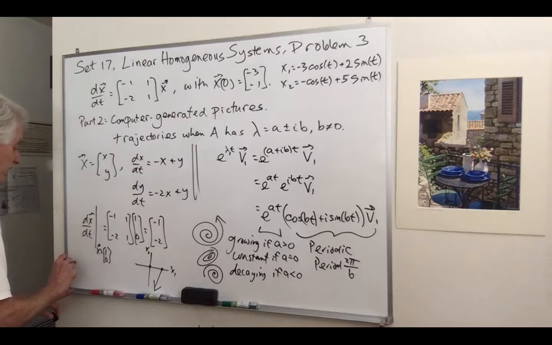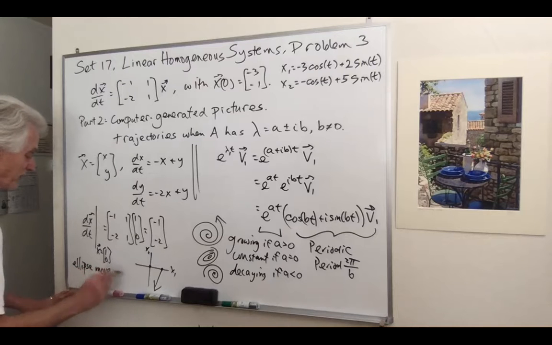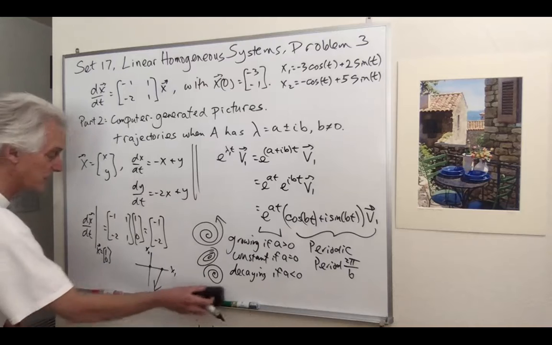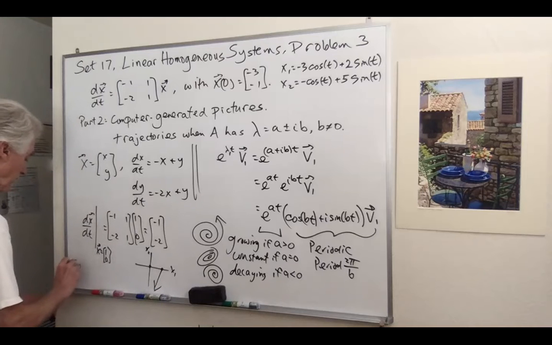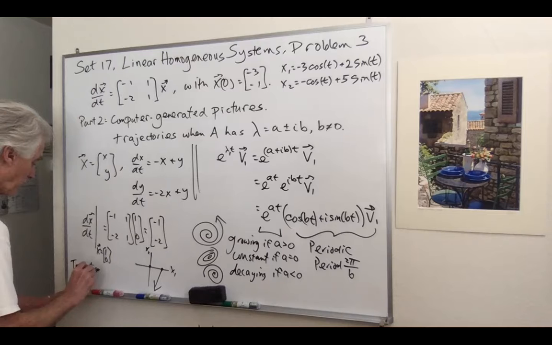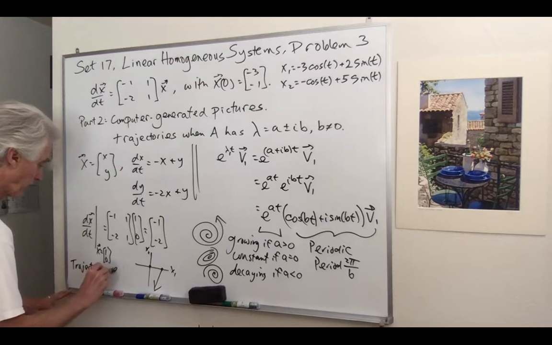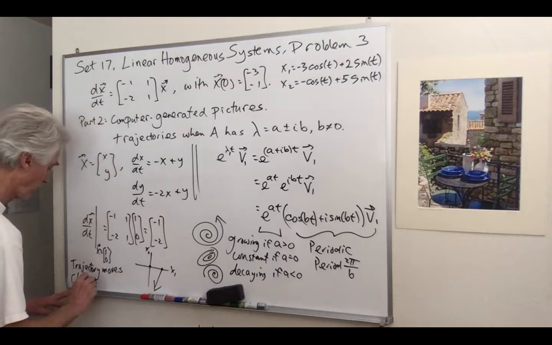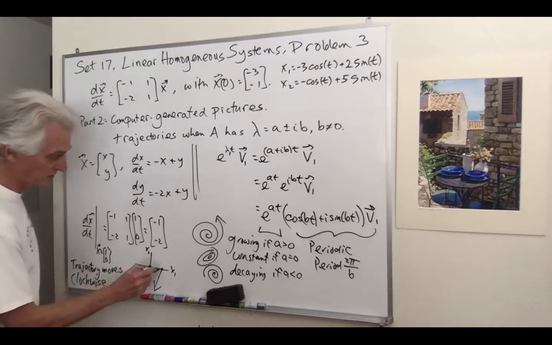So the ellipse moves, well, the ellipse doesn't really move. The trajectory goes clockwise around an ellipse. And clockwise is just from that picture.